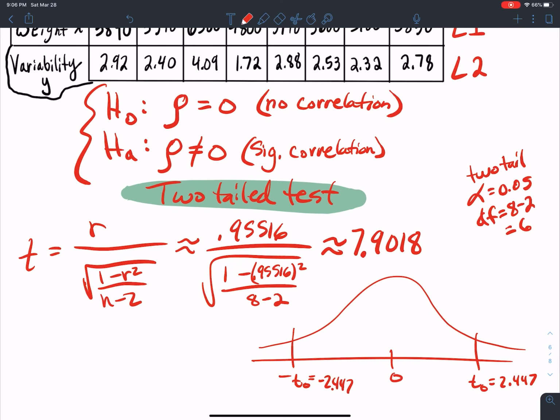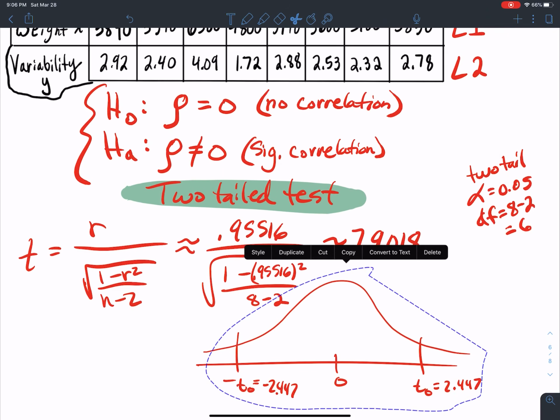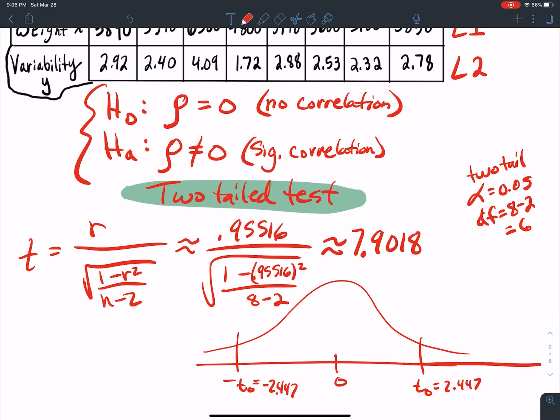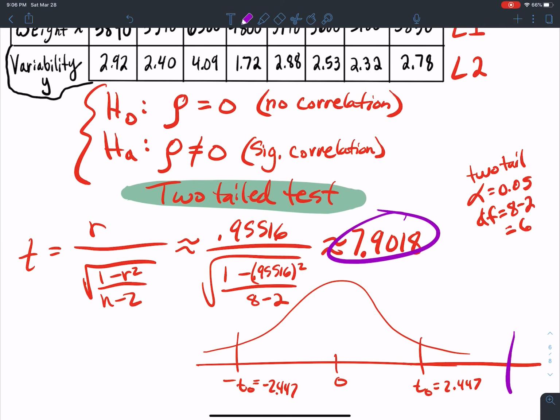Now, where is my standardized test statistic going to land? It's going to land way out here, like 7.9.